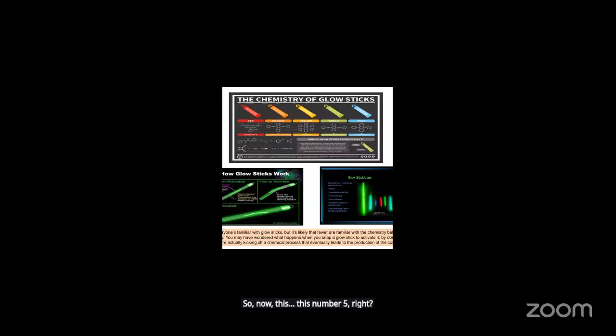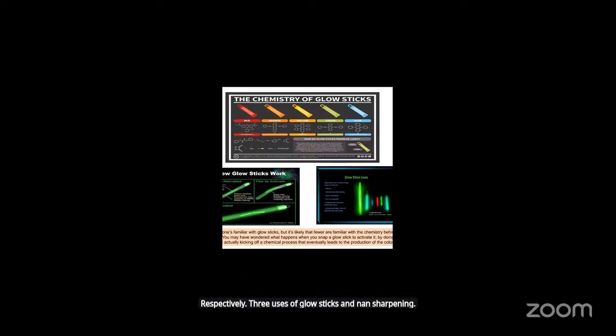Number 5: list three uses of glow sticks and three uses of anthraquinone, respectively. That's number 5 question. So share it on the platform so I can put it on the Google Classroom.